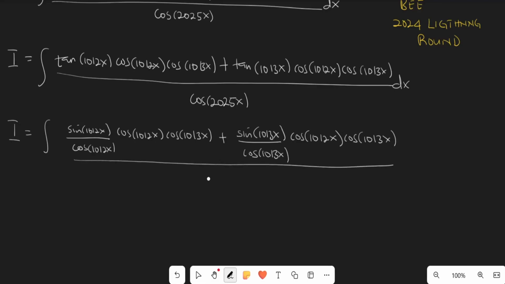All this one is divided by the cosine of 2025x dx.